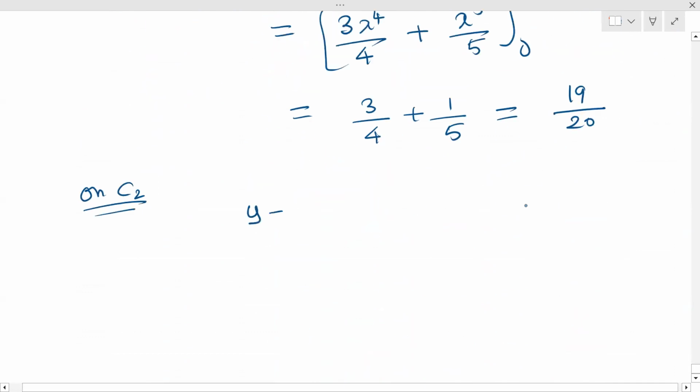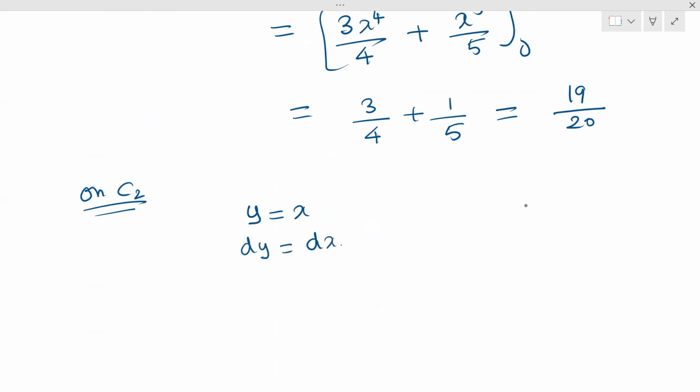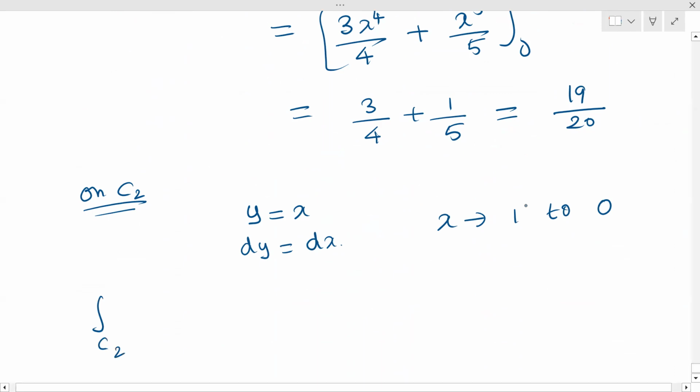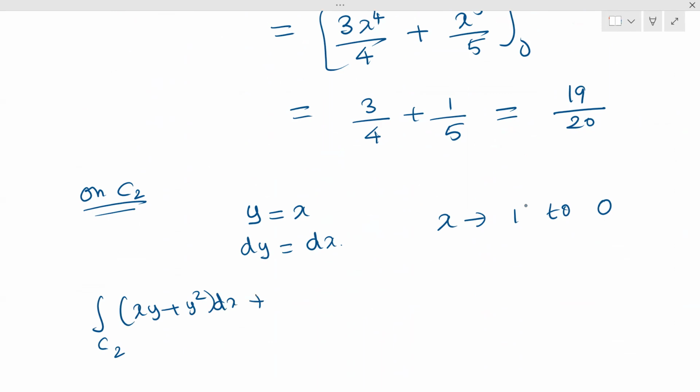On C2, the equation is y equal to x and dy equal to dx, and x varies from 1 to 0. So the integral over C2 of our function, xy plus y square dx plus x square dy, is equal to the integral where we substitute y equal to x and dy equal to dx.